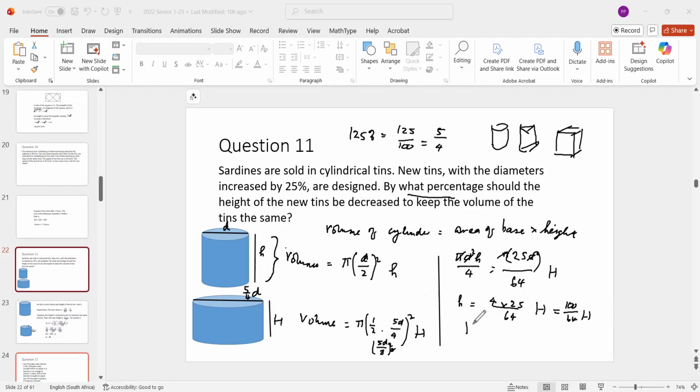So capital H is actually equal to 64 over 100 times h. You should multiply on both sides, and that is 64% of small h, sorry. Right? H on this side, you got 100 over 64 of small h. So the height has to be decreased by what percentage? From 100, it comes down to 64. Therefore, the answer is 100 minus 64.